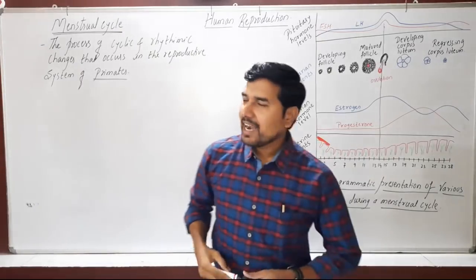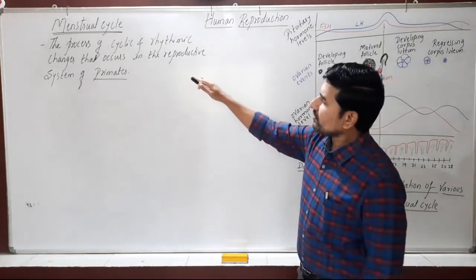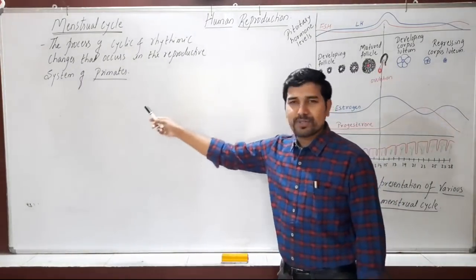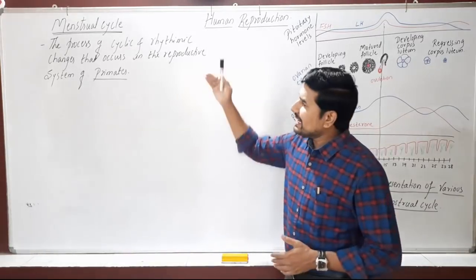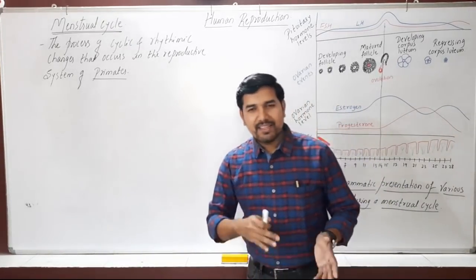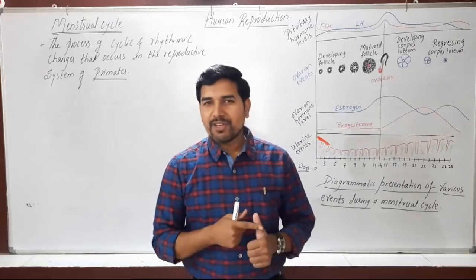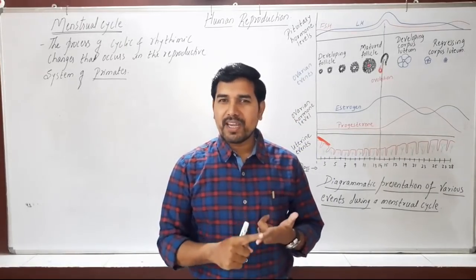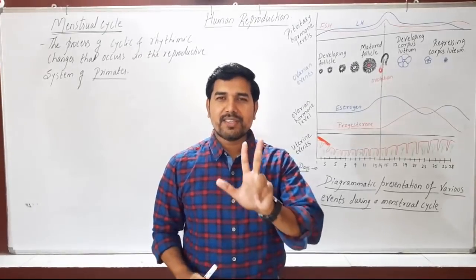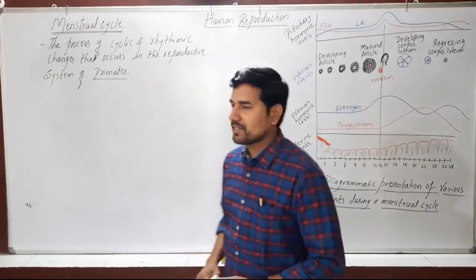So the cyclic and rhythmic changes that occur in the reproductive system of primates is said to be the menstrual cycle. Then which are the primates? First one is apes, monkeys and man. So these three are termed as primates.